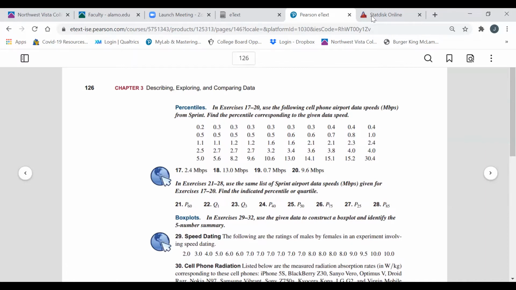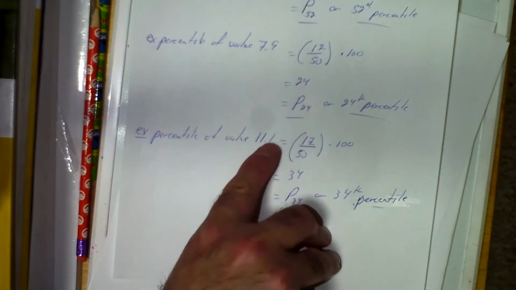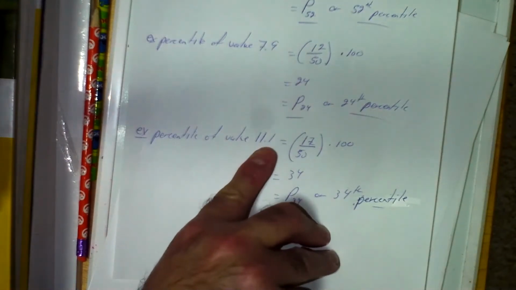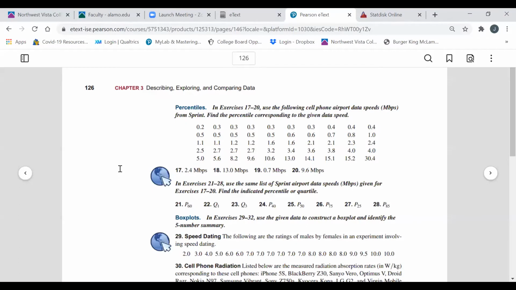All right, so now we're going to do it the other way. What happens if I am given a percentile? We're going backwards. If I'm given a percentile, how do I go back and find the score of where it came from? To go backwards, this is what it's called.